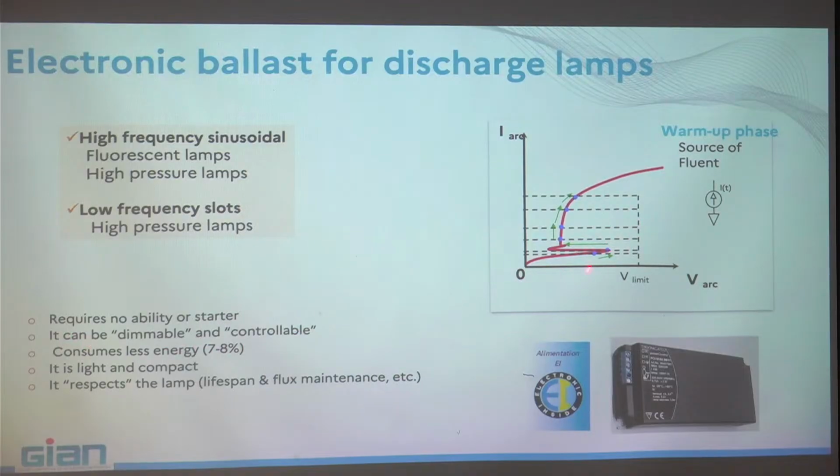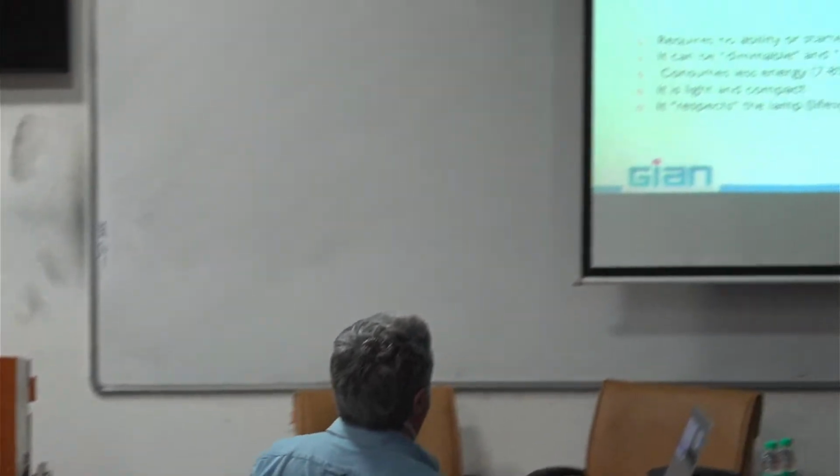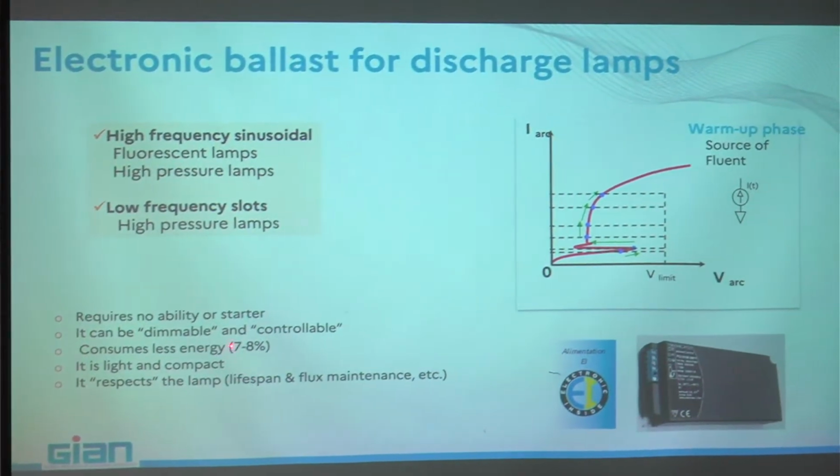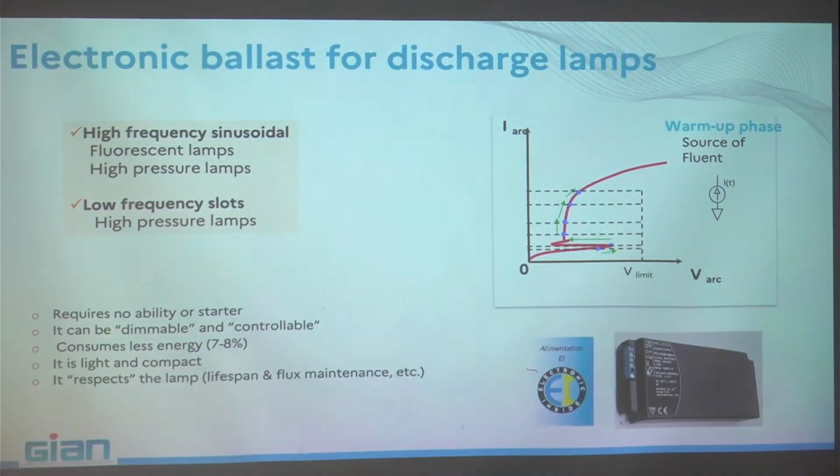Well, you understand here why this one is preferable, because if you supply your lamp with a current source that can change continuously, any point here can be followed by the evolution of the power supply here. That means that the ballast accompanies the lamp in all transitory phases until the stabilization, and in that case there is less risk for the lamp. Add to that, this kind of power supplies are much more efficient.